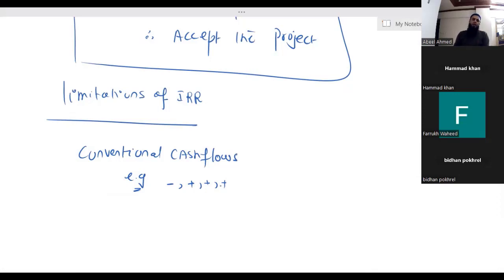Even if there's an outflow in the last year which represents a tax payment, it is still a conventional cash flow. Sometimes it happens, like we did a question, ASA Nelson. The life of the project was 5, we went till 6. In the last year, there was an outflow, but that was just a tax payment. That does not create any problem, so cash flows remain conventional.